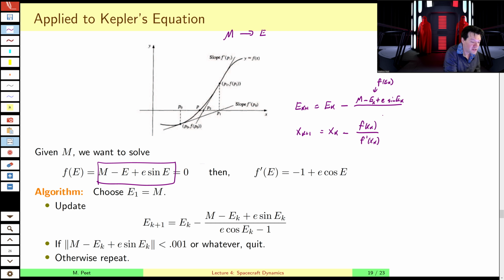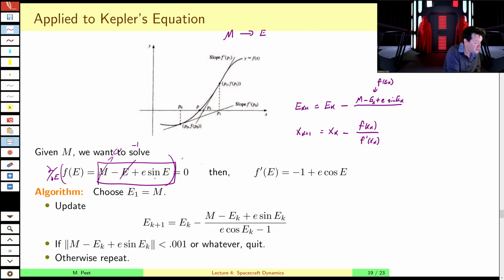And then, of course, we want the denominator, which is f prime of ek, so we have to figure out what the prime is. So we just take the derivative of this, dE of this whole thing. And, well, dDE of m is 0. dDE of e is 1. Of course, there's a negative sign, so we'll put the negative 1 there.